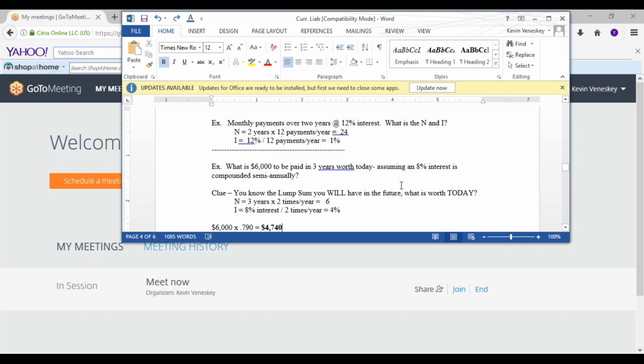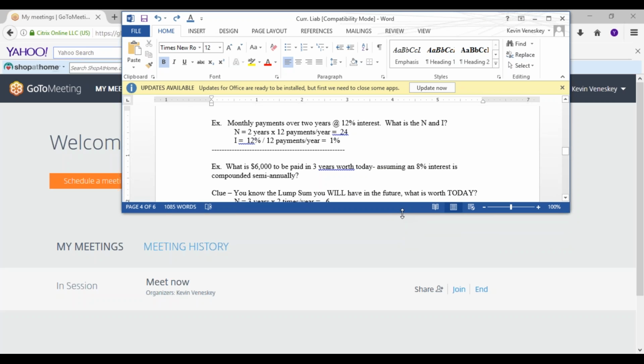So let's look at this little example that I've made up for us to use our charts. If I have $6,000 and it's going to be paid in 3 years, I want to know what's that $6,000 worth. And then I got to determine, do I want to know what it's worth now or later? So I said here, what is $6,000 to be paid in 3 years worth today?